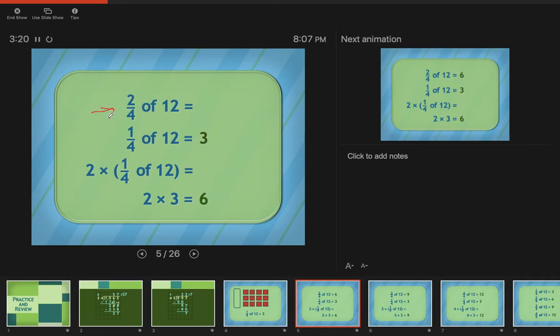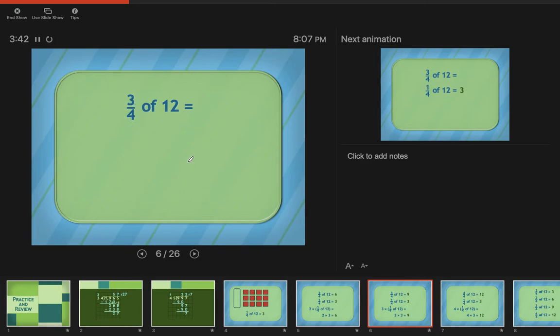What is 2/4 of 12 then? That would be 6 as well. So 1/4 of 12 is 3, but how many fourths of 12 am I dealing with? I'm dealing with 2/4. So 2 times 3 is 6. That might be a little bit confusing, but let's keep going.